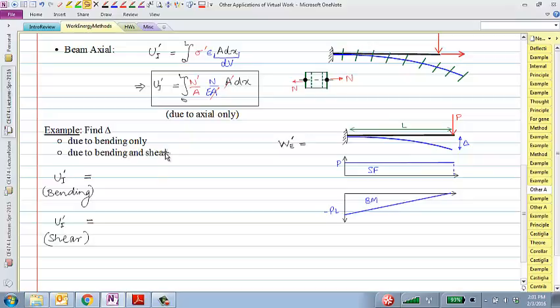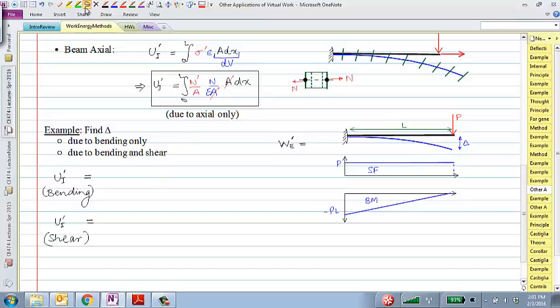So in this case, I can neglect shear deformations. I'm bending along the weak axis. But if I flip it over and bend it like this, the bending energy is smaller, and the shear deformation energy is comparable to that, so we should not neglect it. So that's what we do.